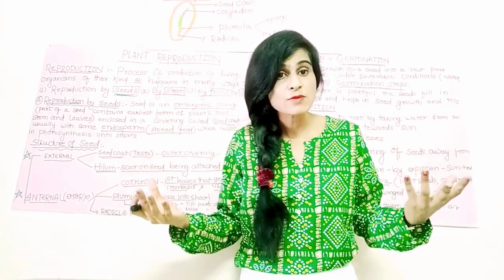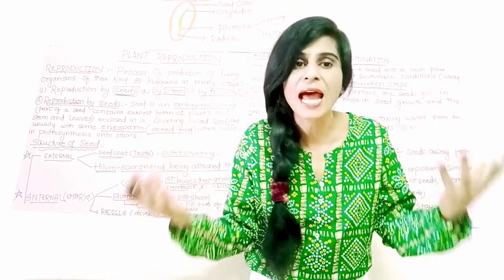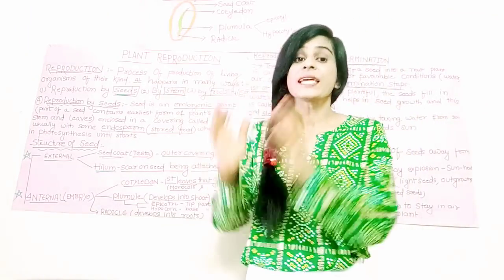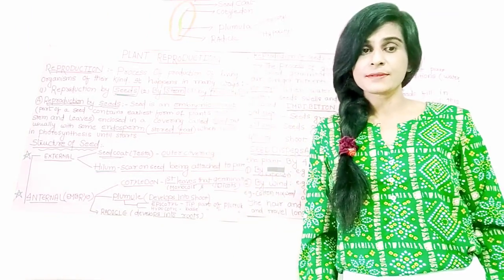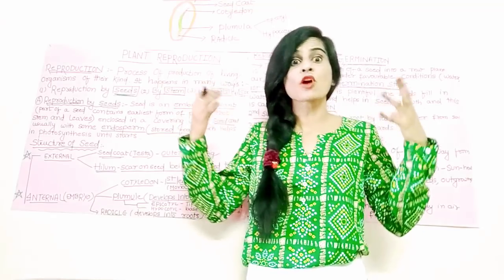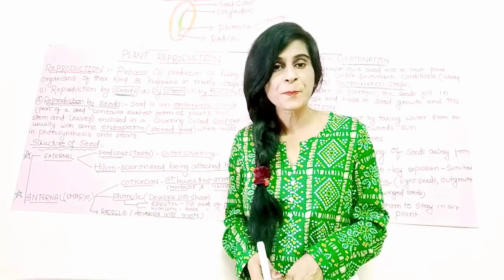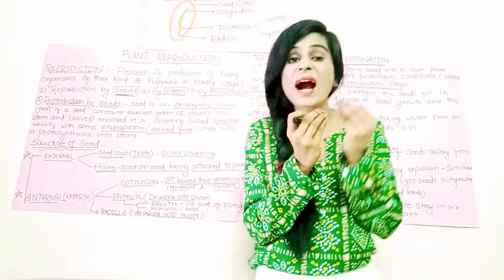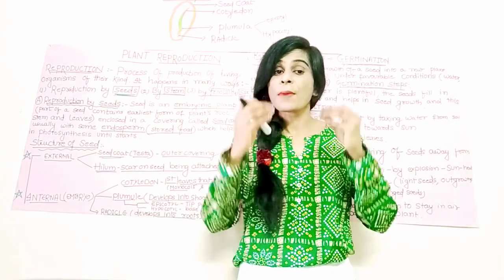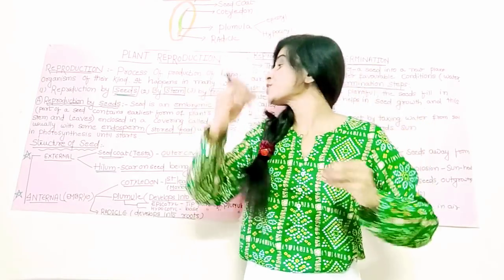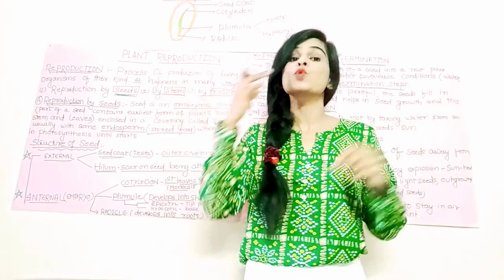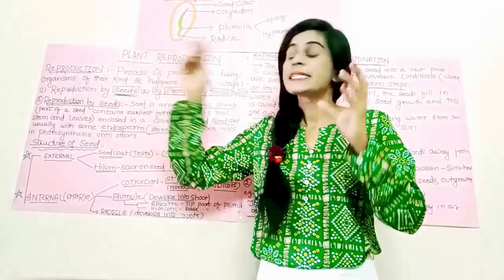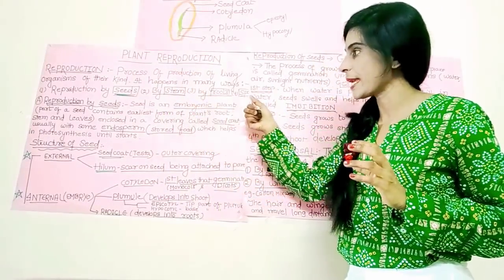The embryonic plant is the part of a seed which will further develop into root, stem and leaves. So what is a seed? A seed is an embryonic plant.